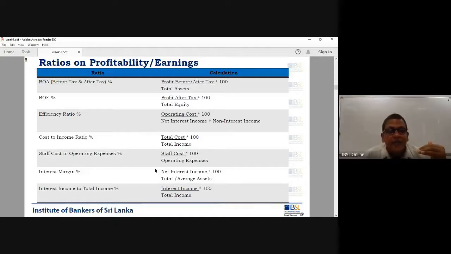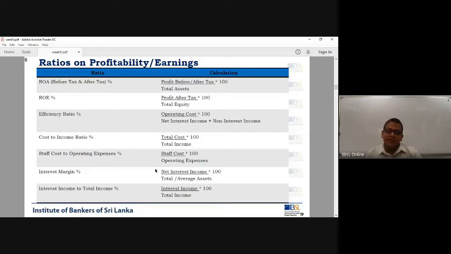So the after tax ROA will be less than the ROE, because in the ROA calculation, the denominator, the total asset value, will be higher than the total equity value. In that scenario, generally ROE will be higher than the ROA. So those are the two ratios.